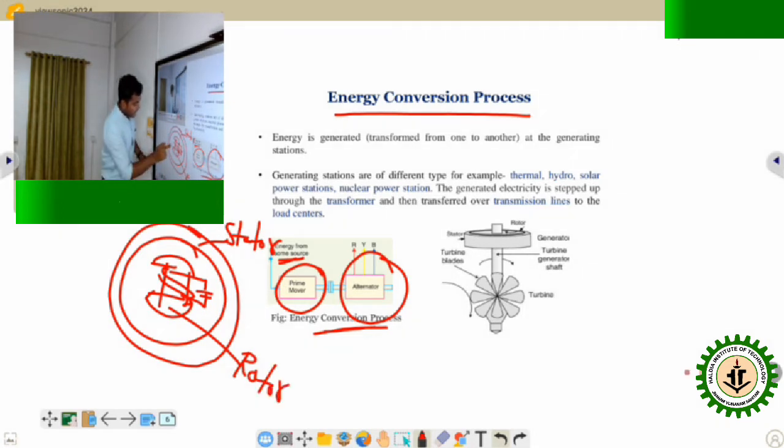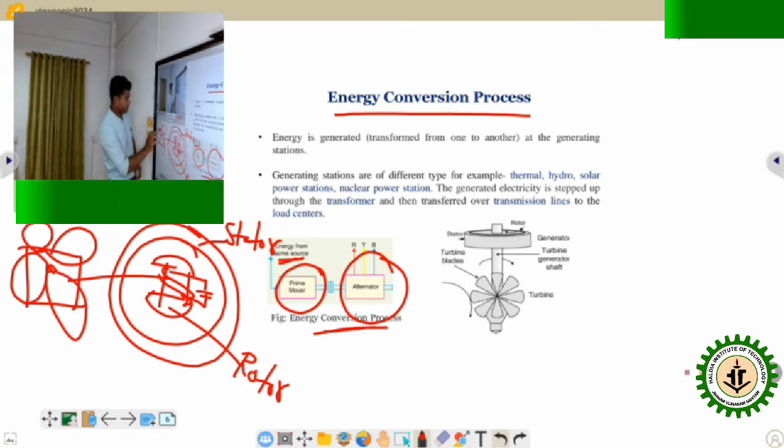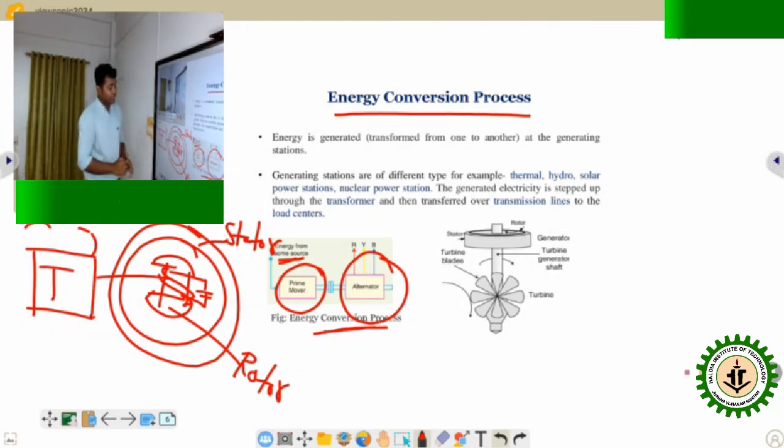And this rotor is coupled to the turbine. You can also represent it like a turbine blade, like this. So this is the turbine.